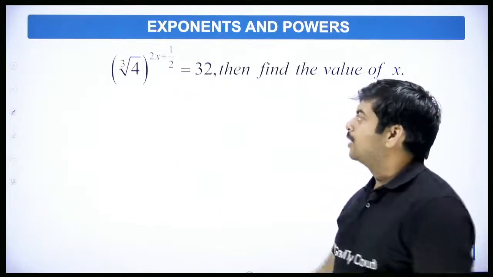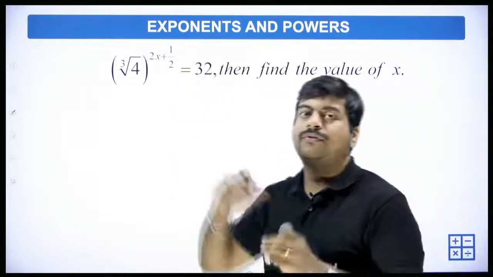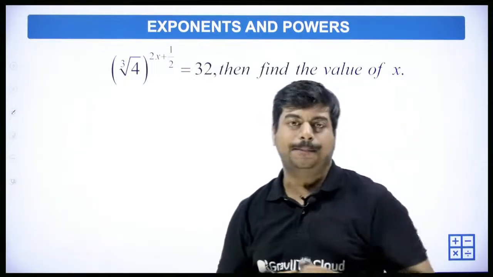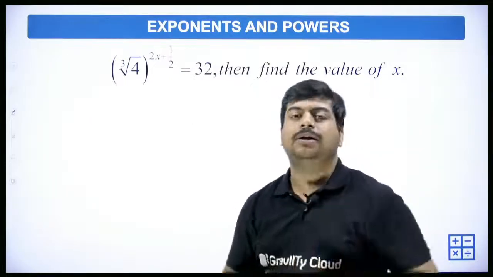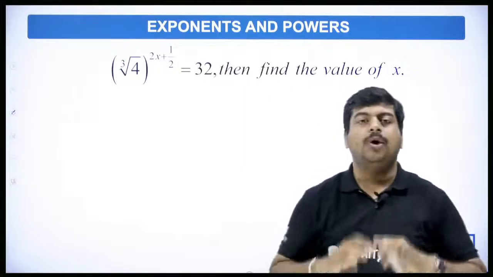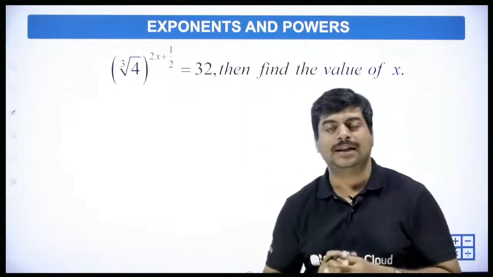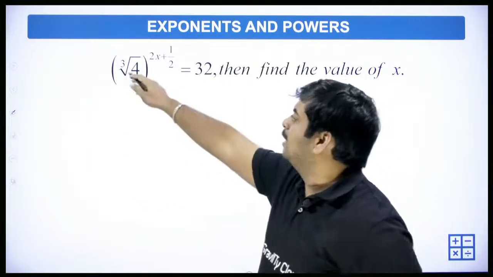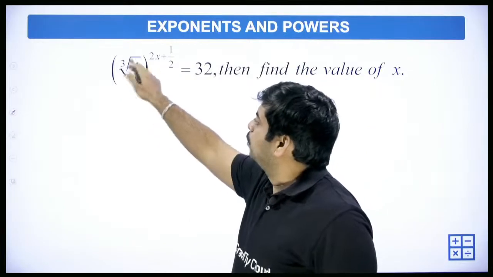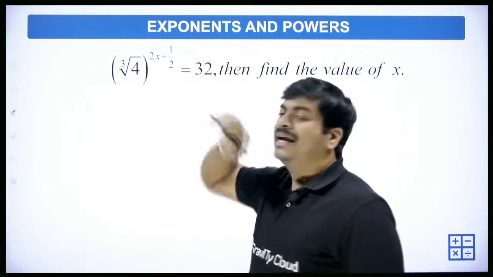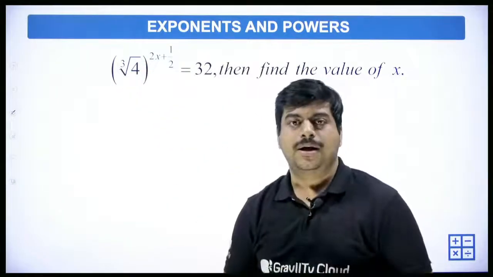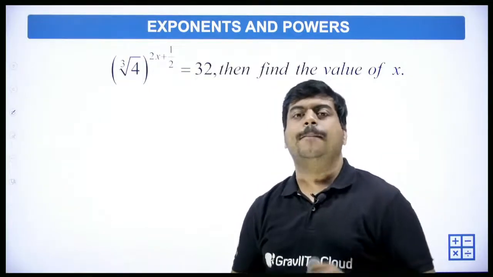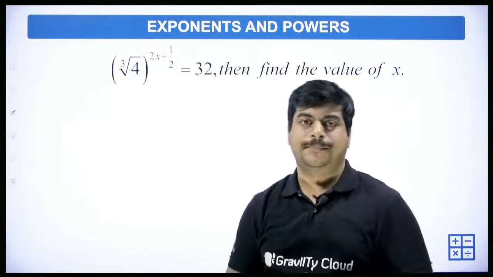I said you can compare these two numbers if you have the same base or the same exponent, then we can try to find these formulas. Okay, so what is the meaning of this one? 3 under root 4, it is a cube root. What do you mean by cube root? Power 1 by 3.